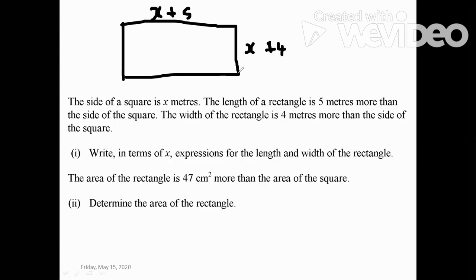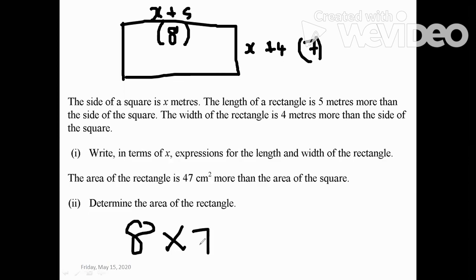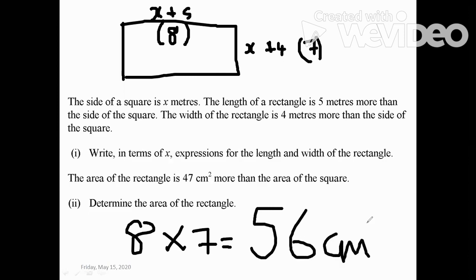All right, so guess what? So this is 3, right? So if this is 3, 3 plus 5 will give us 8. And if this is 3, 3 plus 4 will give us what? 7. So these are the actual numbers for each side. All right, and 8 times 7 will give us 56 centimeters square.